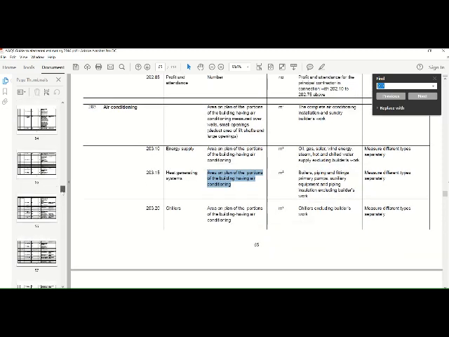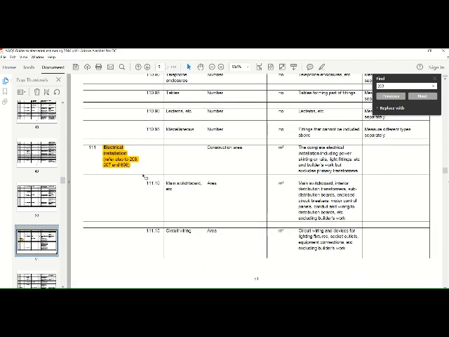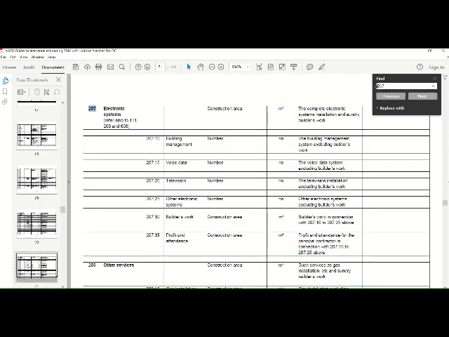Okay, so let's just go back to our electrical installation. Okay, so the other item is 207. So 207 is our electronic systems like access control, any network connections or access control or anything like that.